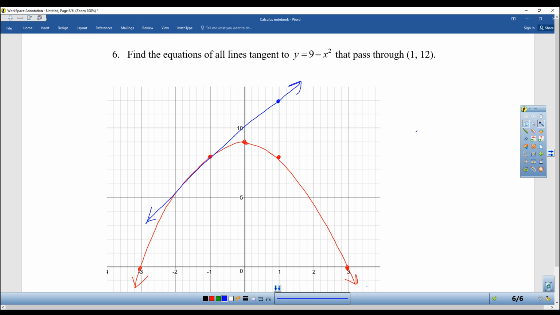It's my experience that 9 out of 10 kids draw this one, which is great. There actually is another one. It could be tangent on this side. That wasn't quite tangent. They're really hard to draw.